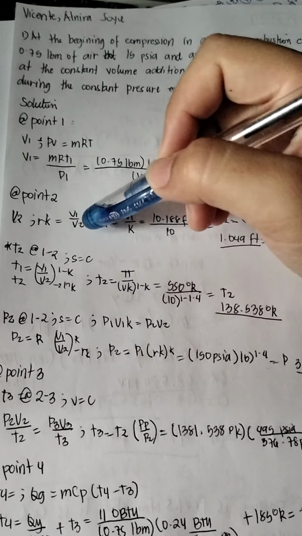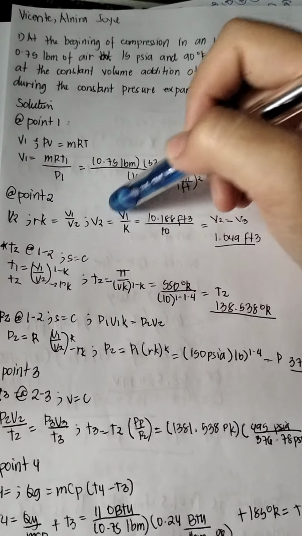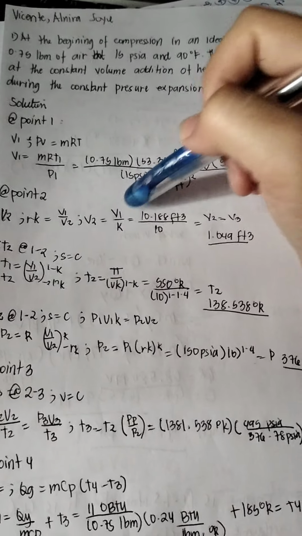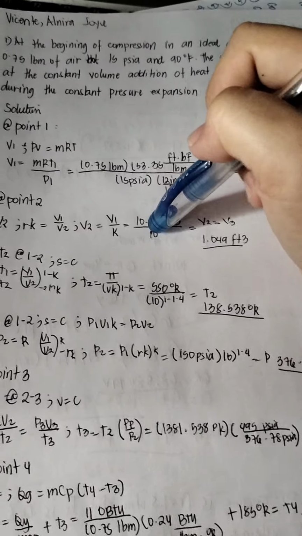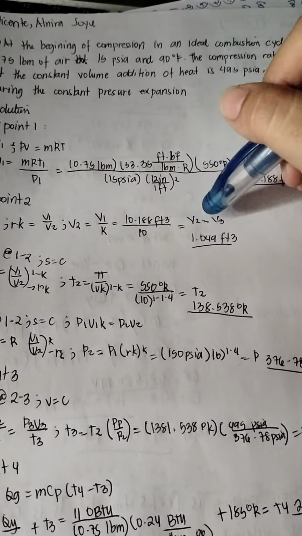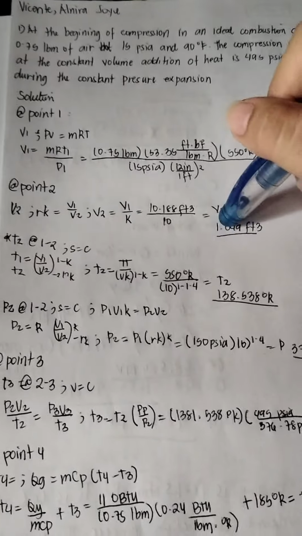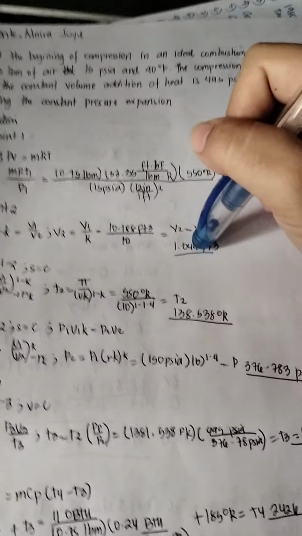Formula niya is V1 over V2 equals rk, and V2 is equals to V1 over rk is equals to 10.188 feet cubed over 10, V2 equals V3 equals 1.019 feet cubed.